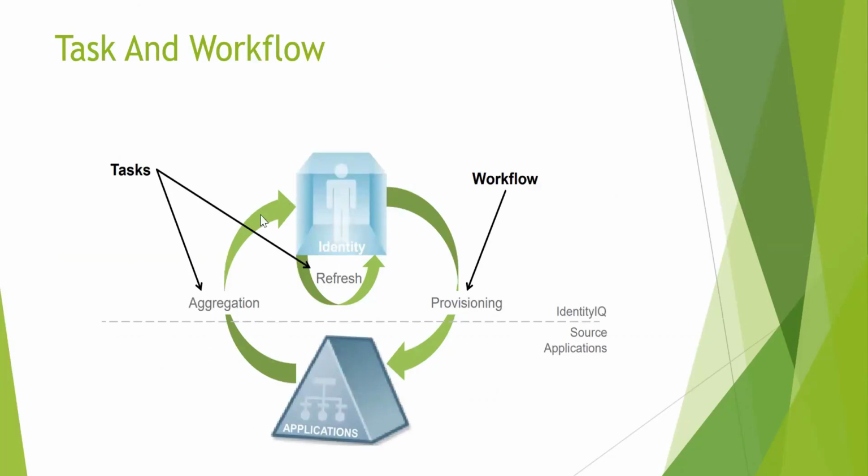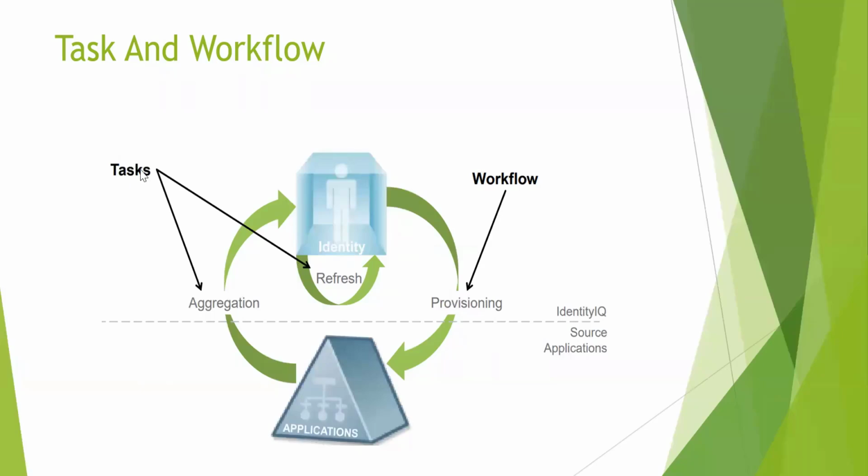This process is called aggregation. Whenever we send the data, that process is called provisioning. There is also a refresh on the same data. Aggregation and refresh come under tasks. That means there is an aggregation task and a refresh task.